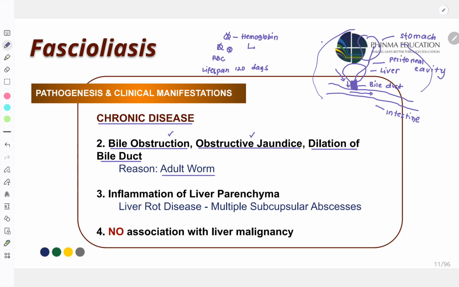Hemoglobin is converted into biliverdin, and then from biliverdin, into unconjugated bilirubin. The unconjugated bilirubin is delivered to your liver by albumin. Once it reaches the liver, it is converted to conjugated bilirubin.